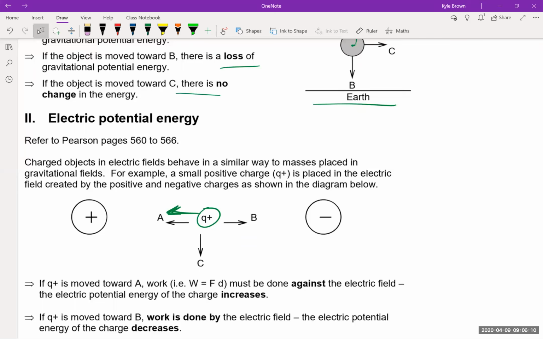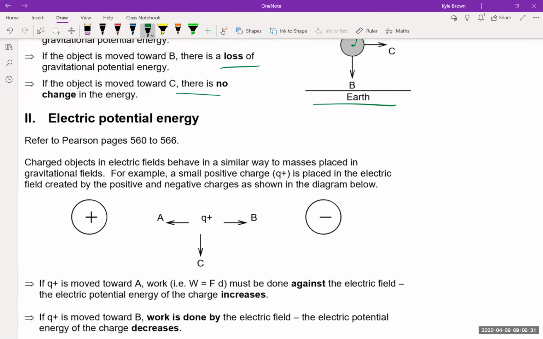It's like we're compressing that spring more and more, giving it that potential energy. And if I let it go, it would quickly zip off towards that side, away from the positive and toward the negative. So we're giving it the ability to do work.